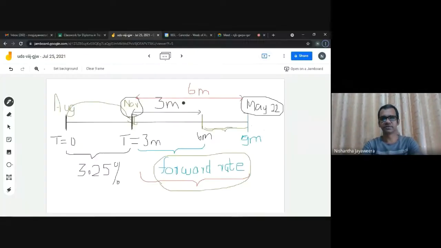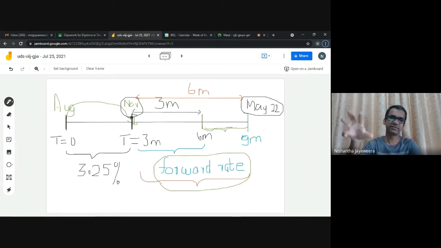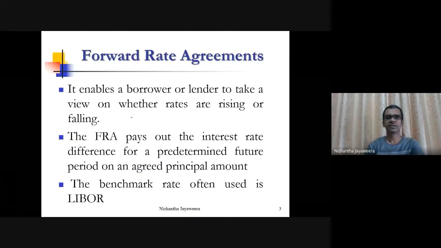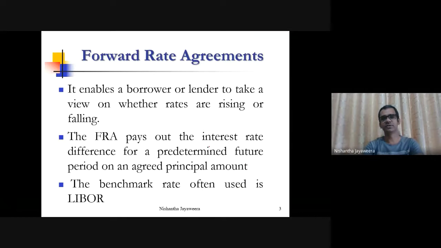So therefore, since you can fix the interest rate for a future period beginning on a future date, you can have your view on the interest rate and do a transaction.